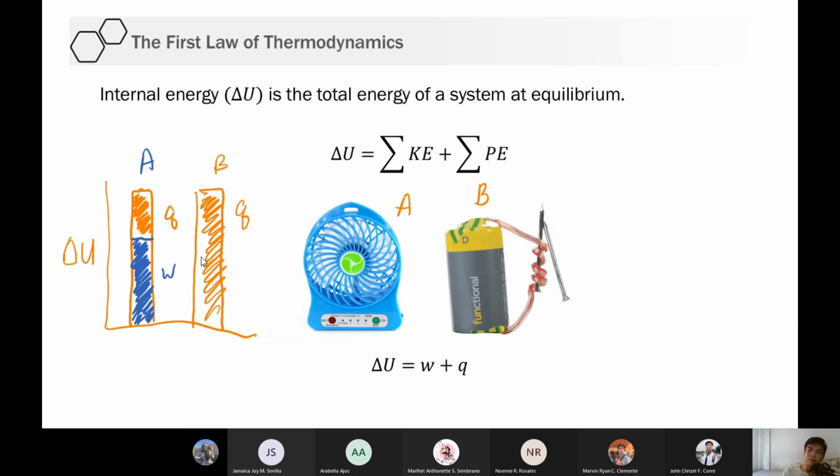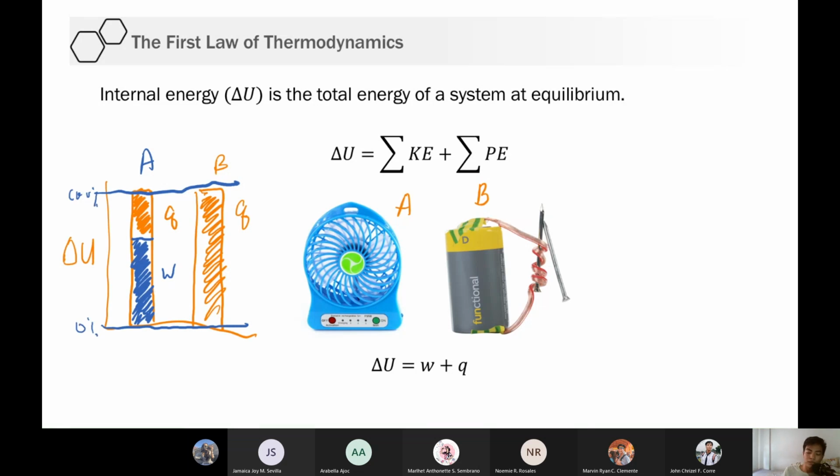From this diagram, are heat and work a state function or a path function? Is delta U a state function or a path function? Let's answer that. The internal energy change, or delta U, is a state function, because it's just from 100% to 0.